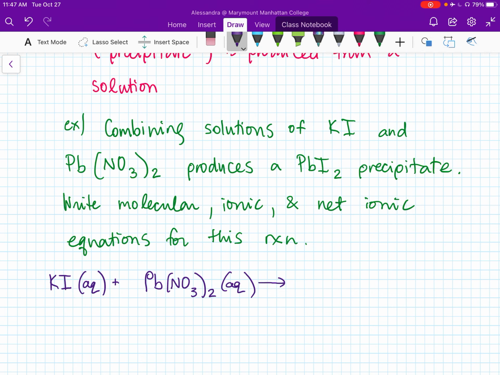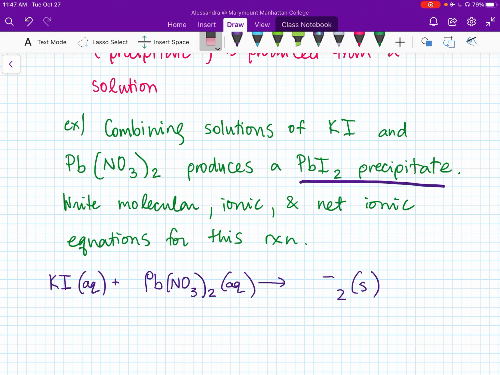When they come together, the question tells me that we're producing a lead(II) iodide precipitate. So that means that I am making, oops, I forgot my B in lead. That means that I am making a lead(II) iodide solid, a PbI2 solid.